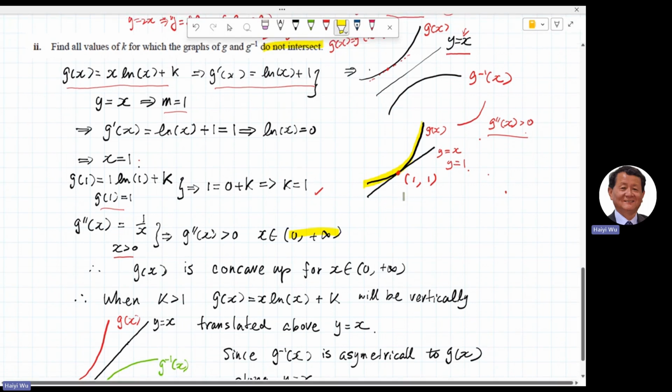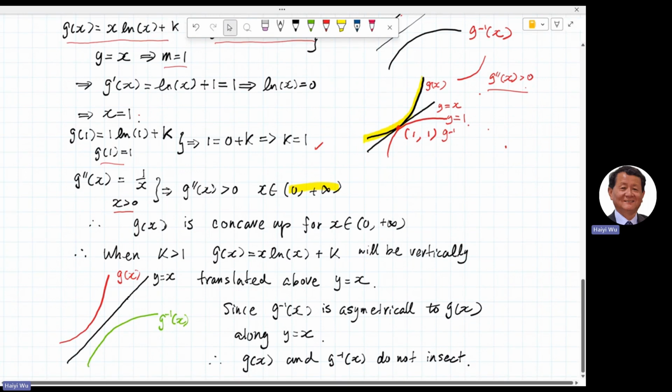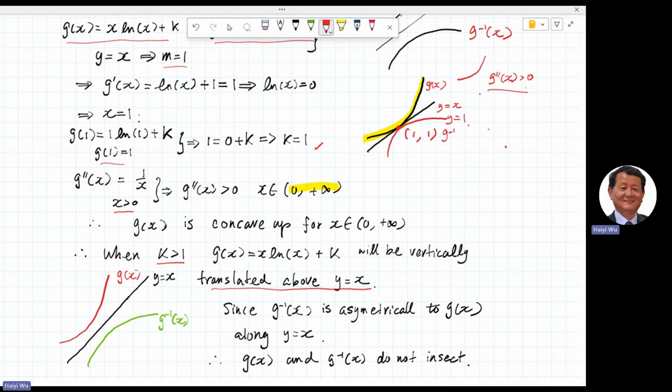So this is the situation we are given. Now we want this not to touch the g inverse, so that they do not intersect, I want to lift it up. So when k is greater than 1, the graph will be vertically translated above y equals x, so they cannot touch y equals x.